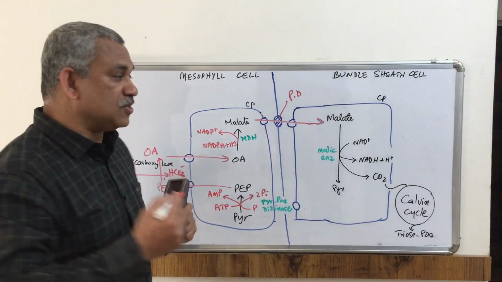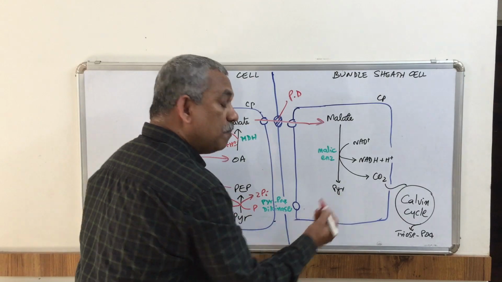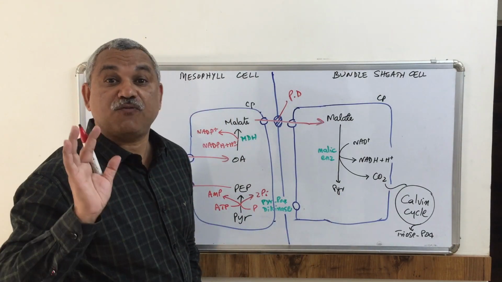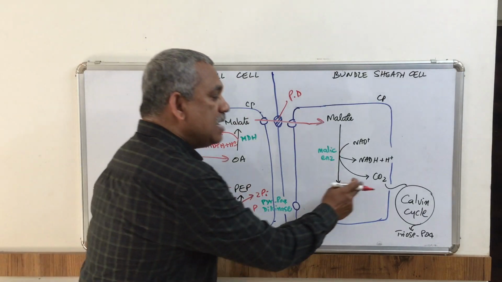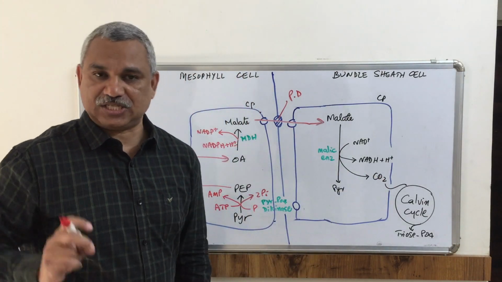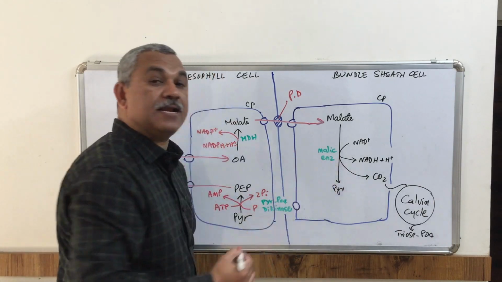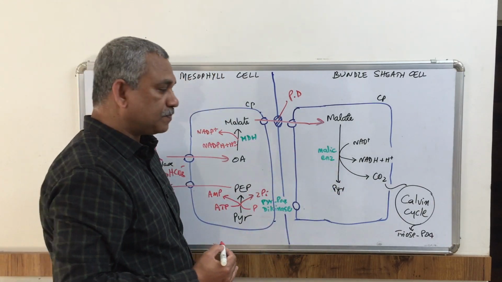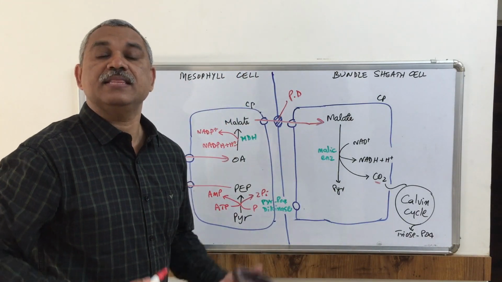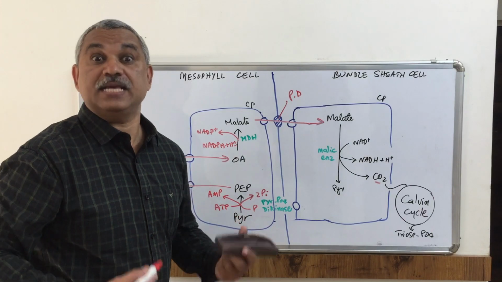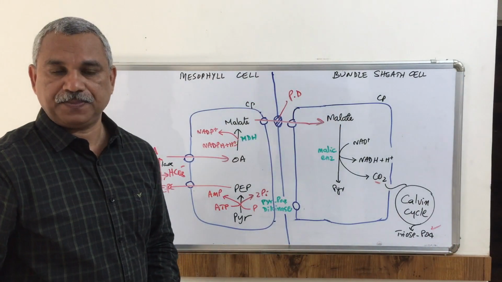In bundle sheath cells, the malate will be converted to pyruvate. Malate is a 4-carbon compound and pyruvate is a 3-carbon compound, and a CO2 molecule is released. This is catalyzed by an NAD-dependent malic enzyme. The CO2 which is released is taken up by the Calvin cycle, and triose phosphate will be synthesized.